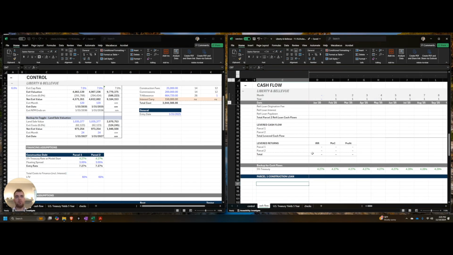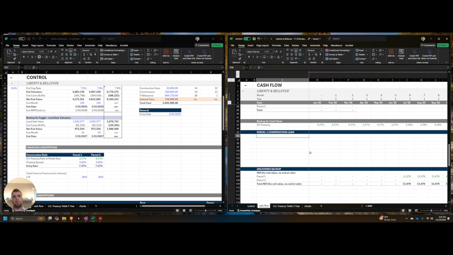So we need to figure out how much we need to finance. So unlevered cash flow to finance. I'm going to pull up a reference model that I have on my other screen. Who did I do this for? Yeah, this guy. Sorry, I'm just looking at the example model.